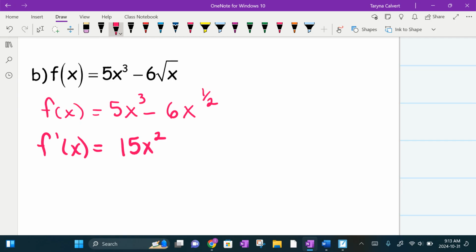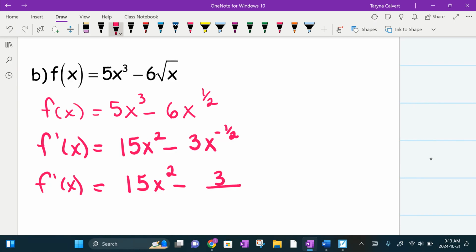That's it. So then minus, so 6 times half is 3, and then if we subtract 1 from half, we're going to get negative half. So we cannot leave negative exponents. So then that would be the same as 15x squared minus 3 over x to the half.